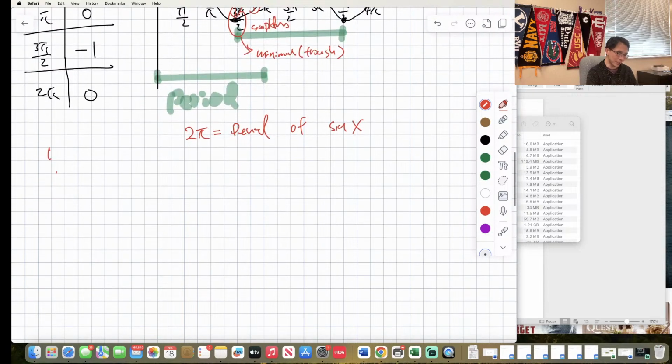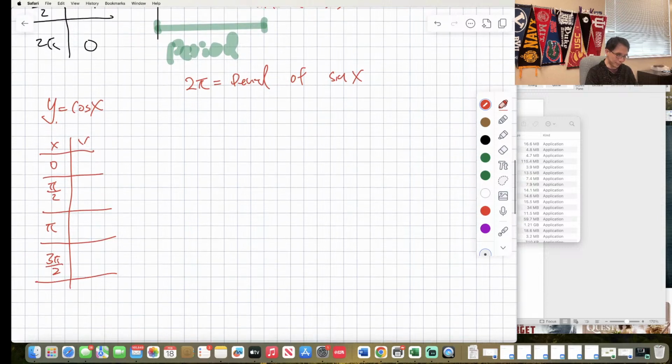Now let's talk about the cosine of x graph. For cosine of x, I'm going to give you 5 simple values. You can tell me what the output is. I'm going to start with 0, pi over 2, pi, and then 3 pi over 2, and then 2 pi. Can somebody tell me cosine of 0? Raise your hand if you think you know.